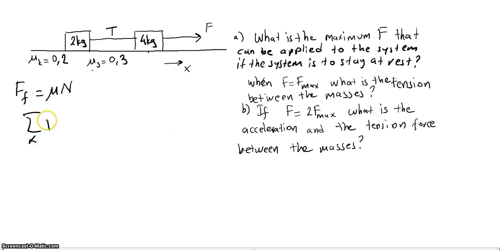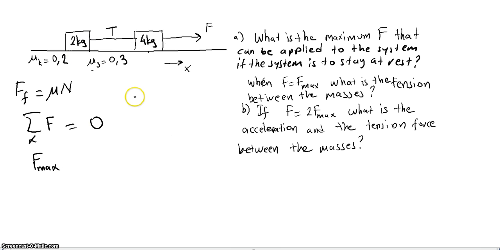The total force acting on the system must be equal to 0, because we claim that the system stays at rest. In that case, let's write down the total force. First one is the external applied force F, and we want F to be maximum, and of course the frictional forces acting on the blocks.